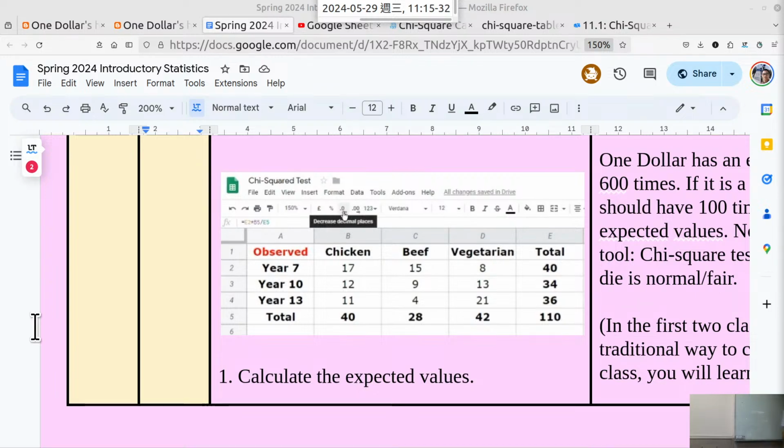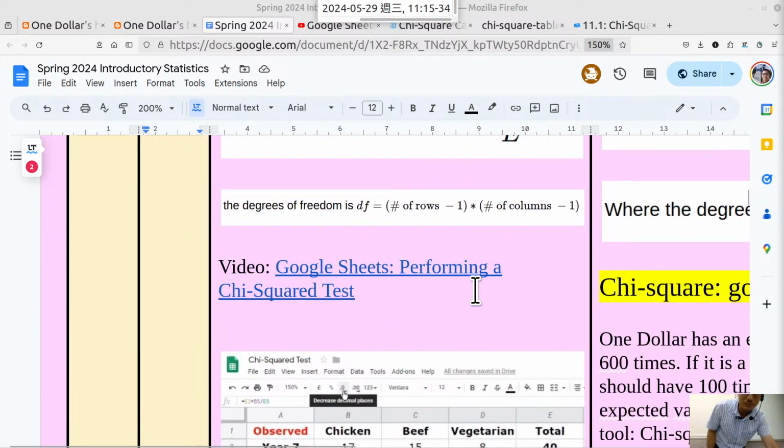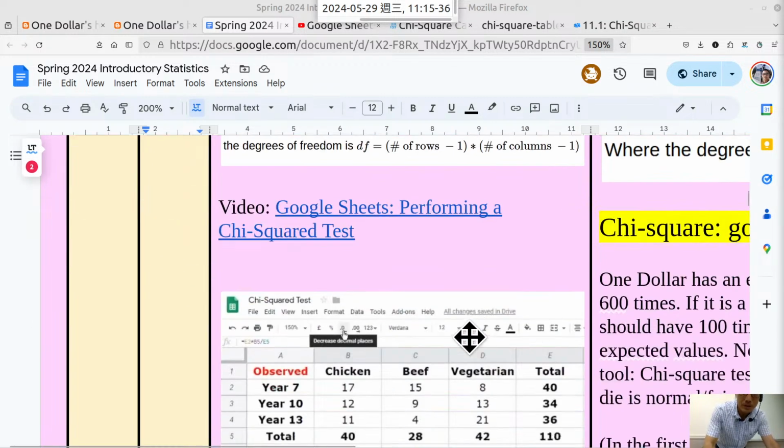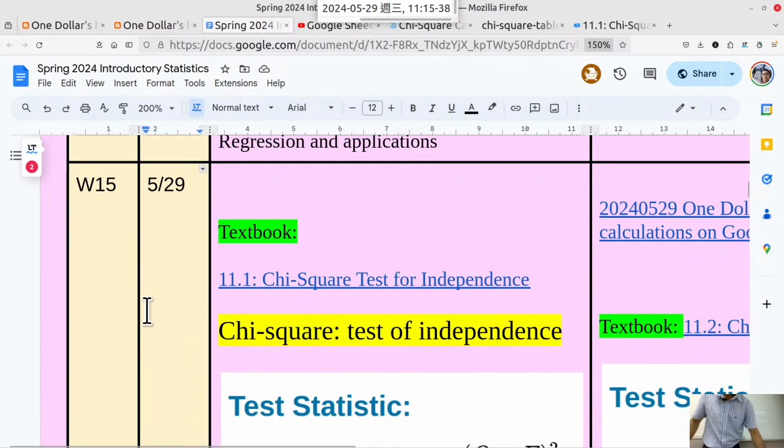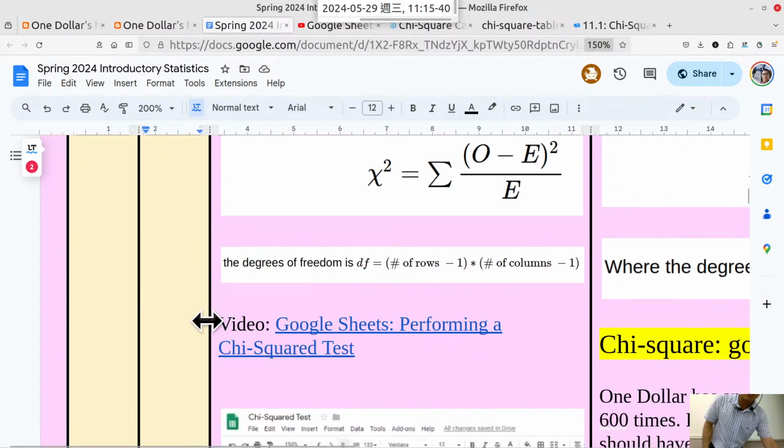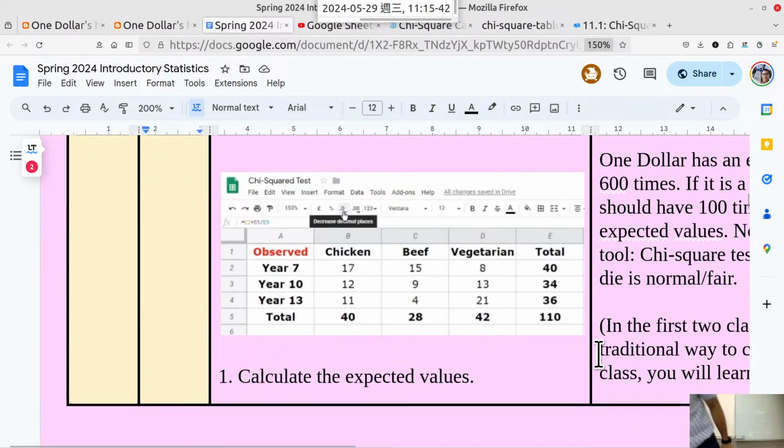Okay, let me switch back to my Excel. Then you can type chicken, beef, vegetarian. Then you just need to type 9 numbers: 17, 18, 8, 12, 9, 13, 11, 4, and 21. That is enough.